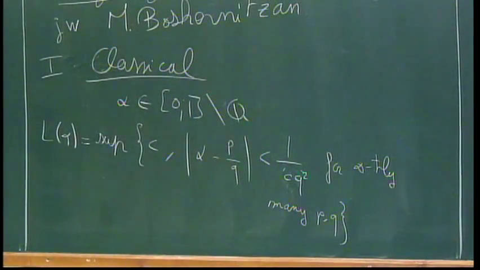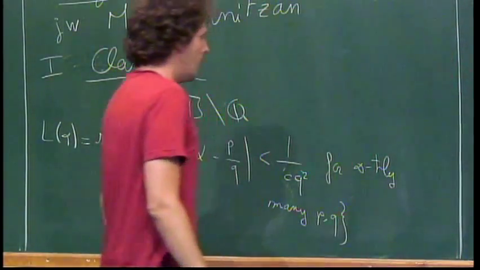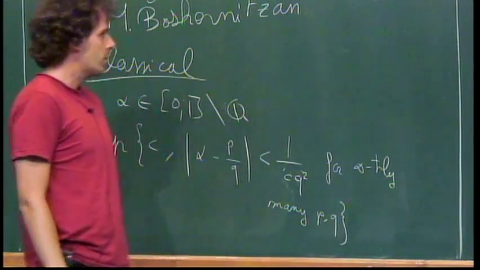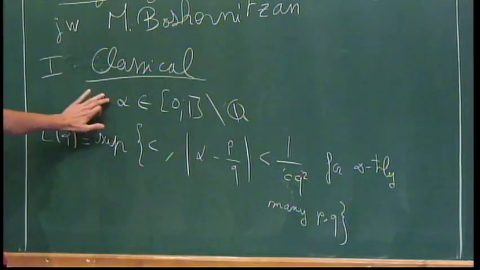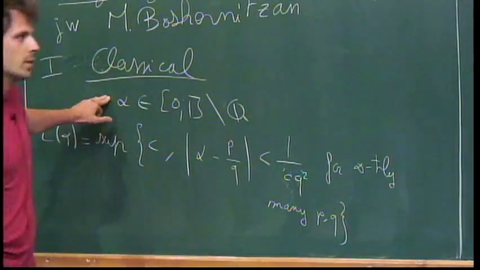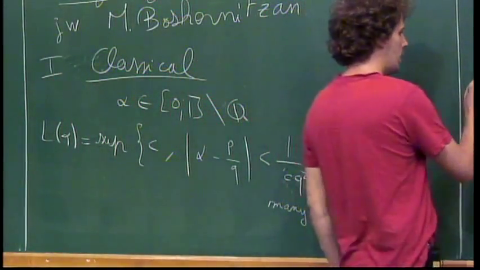And the Lagrange spectrum is the set of all numbers that you can get by looking at these quantities.